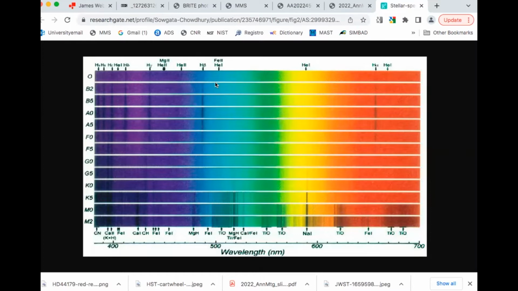I'll try to explain some of that. But the classification is based on the presence of the lines and the complexity of the spectrum. So if you change the distribution of the light here, it doesn't change these lines at all. Their presence is a fingerprint.